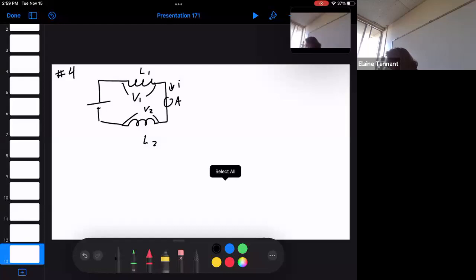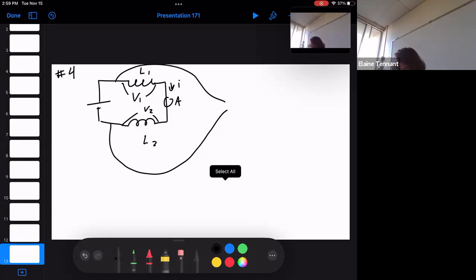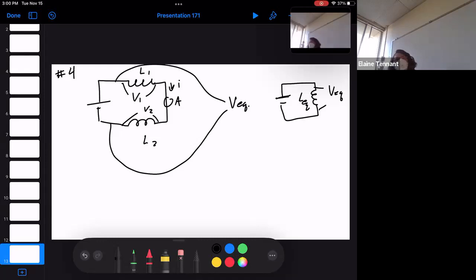I also have a voltmeter that reads off the voltage across both of them together. We're going to call that the equivalent voltage, because that's the voltage we would get if we hooked up an equivalent inductor. Sound okay?